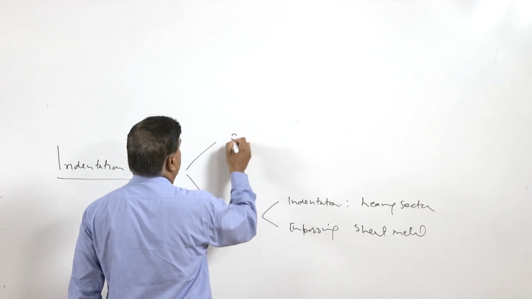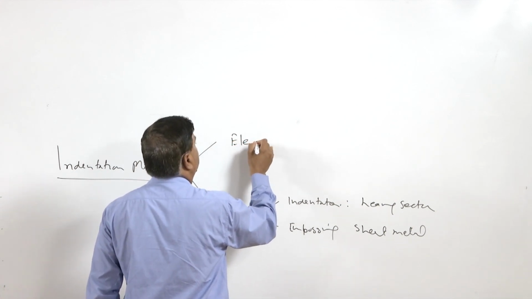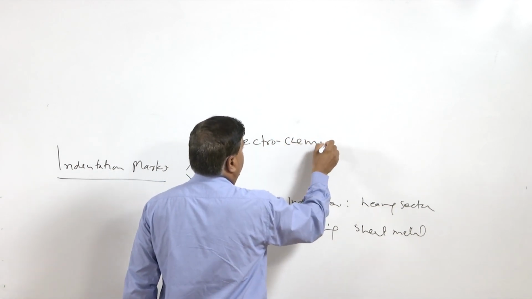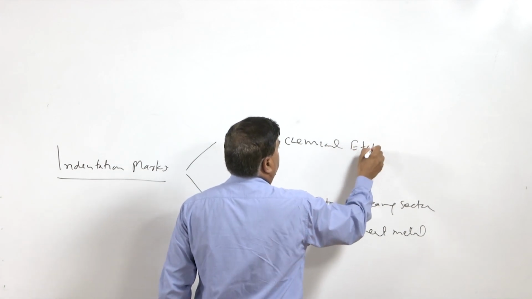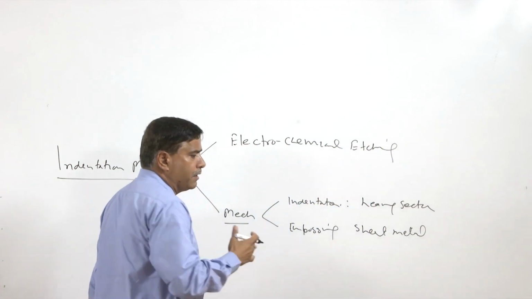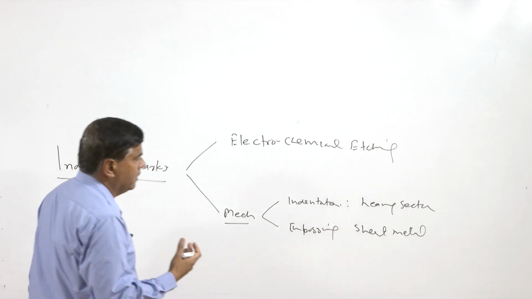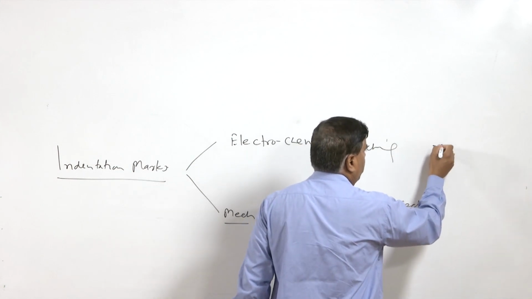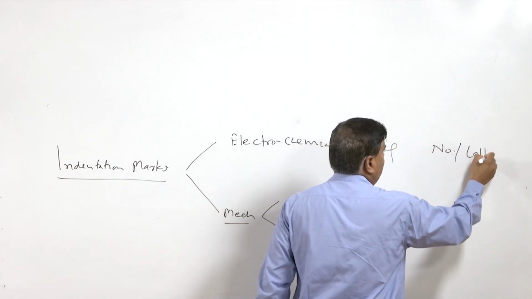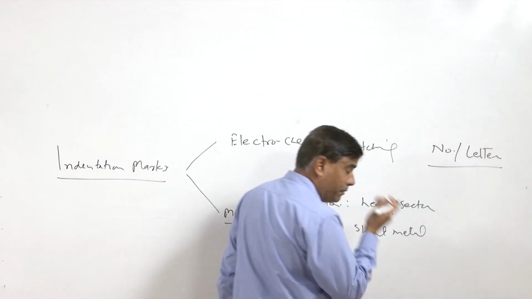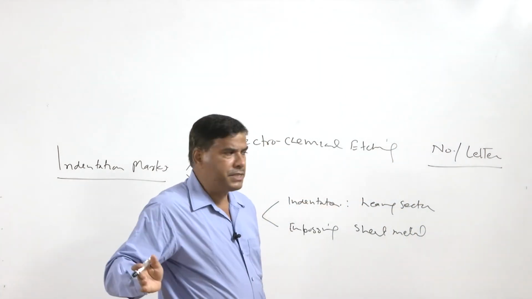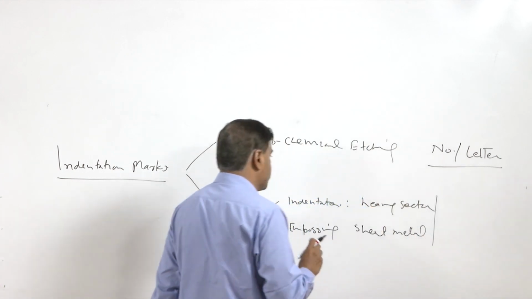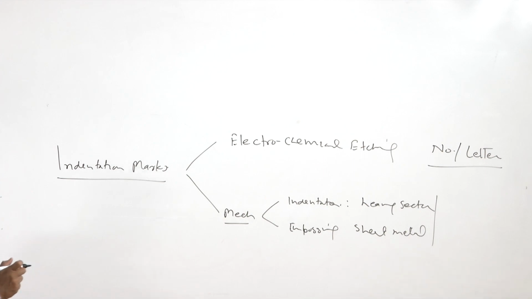Then there is an electrochemical method, normally termed electrochemical etching, which is the controlled removal of material from the component on which the marking is to be done, so that it can produce the required numbers or letters, like the alphabets A, B, C, D, or the numbers 1, 2, 3, 4, or anything else. These are the two approaches used for marking.